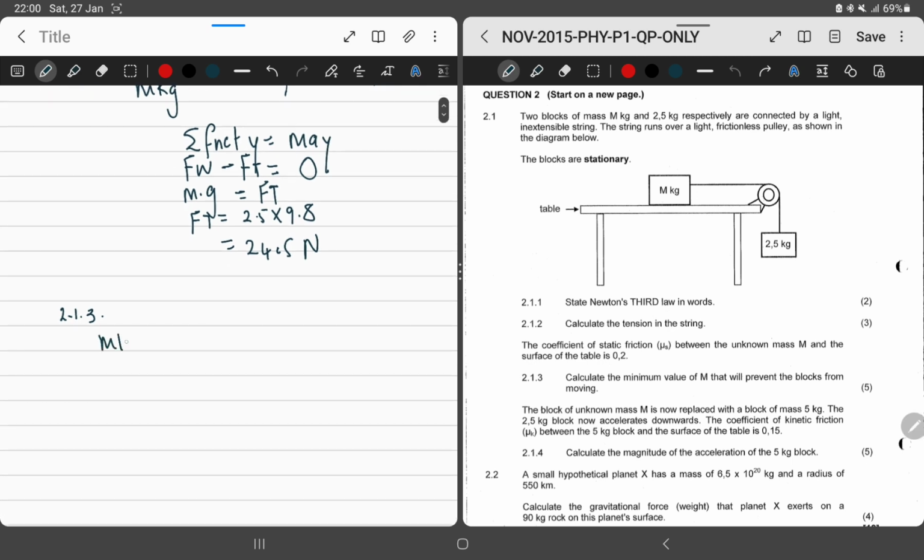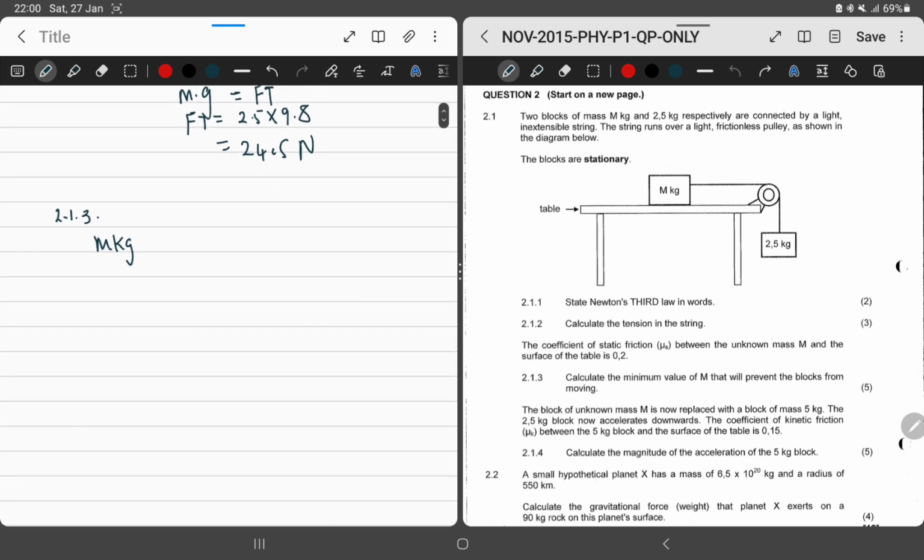Let's start with the m kilogram block. We have the sum of the forces acting in the y component, which is ma_y. In the y component, we have the normal force minus the force of weight.